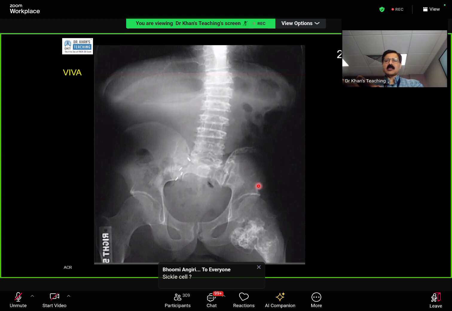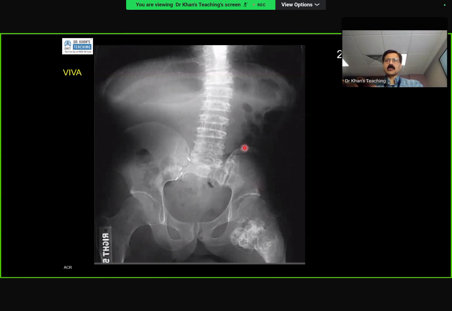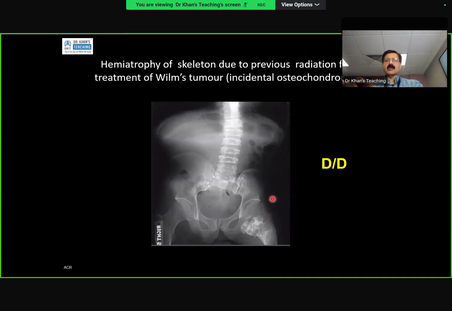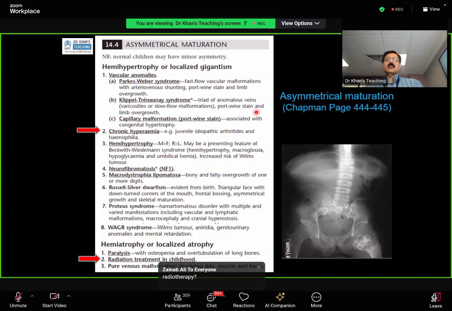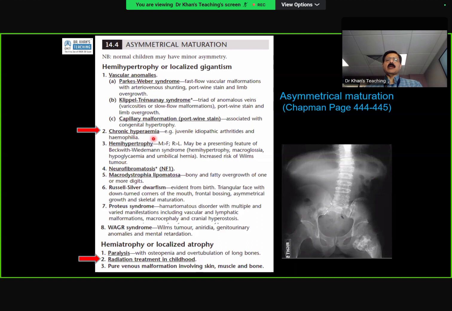So this is a classical exam case, a story case. A story film tells you a story. The story is written there. Let me tell you first of all, there is a differential diagnosis in your book, 14.4, asymmetrical maturation. And by the way, congenital hyperemia can cause hypertrophy.